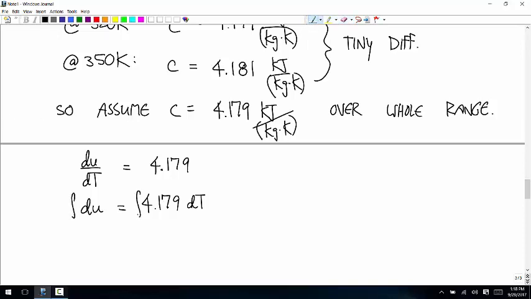So integrate both sides. And so this is from instant 1 to instant 2. This is from a temperature of 320 Kelvin to 324.